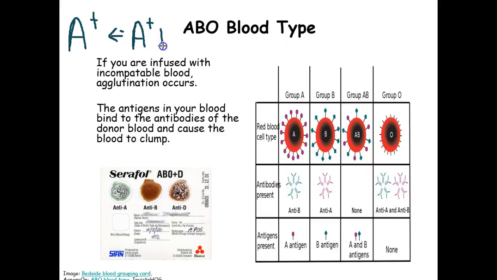We can do A minus, because they don't have that RH factor. We talked about that in class. We can do O plus, and then we could do O minus. Can we do AB? No, we can't do AB because of the B sugar. Great, let's do one more.